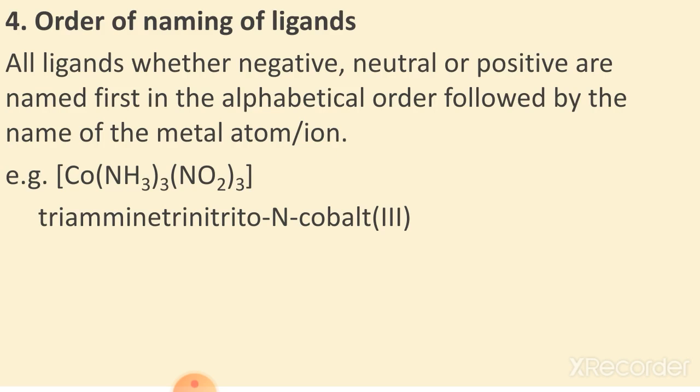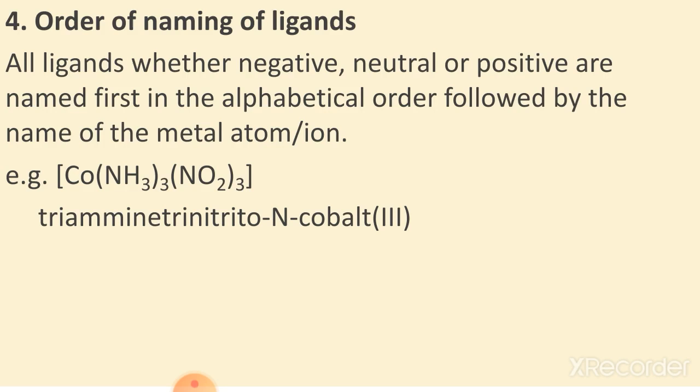The charge on ammonia is 0. So x plus 3 into 0 plus 3 into minus 1, that is the charge of NO2, gives an algebraic sum of 0. So that's why the charge on cobalt is plus 3.